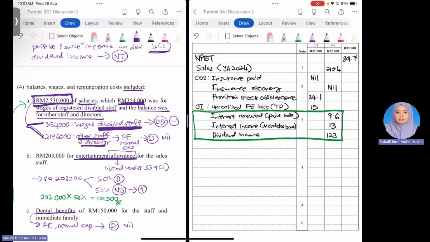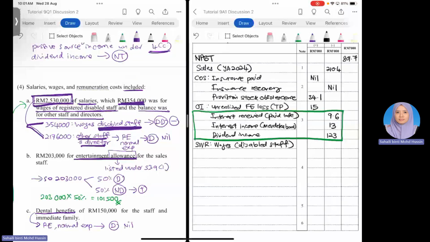In the adjusted business income level at the taxation computation, you can deduct one more time for this amount. Okay, so for number 4, I put salary, wages and remuneration. Okay, put shortcut. Right. So first item that we have to record is the wages to the disabled staff.